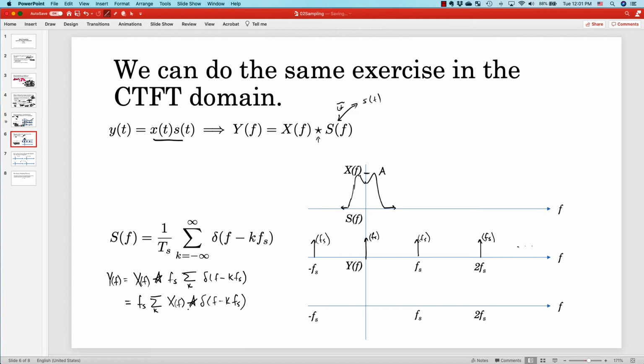And here is where I'd like to apply that unity element of convolution property from 2 slides ago. This is a scaling factor fs times the sum of a whole bunch of x functions, but all of them shifted by integer multiples of fs.